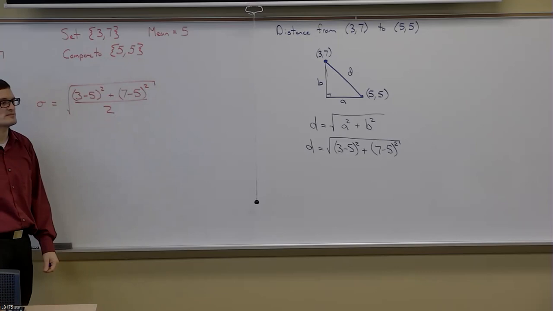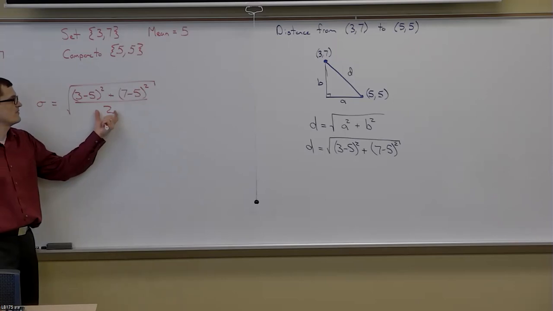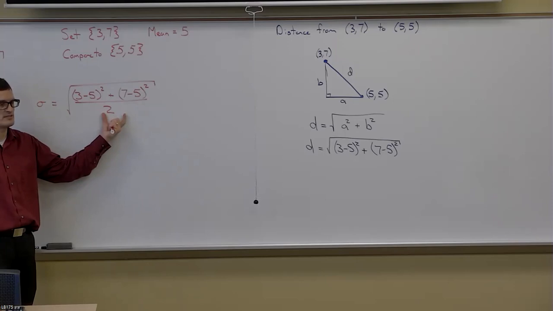Does that make sense? So standard deviation is essentially like a distance. It is a distance, with a norm of how many elements are in your set, sort of averaging out how many elements are in your set.